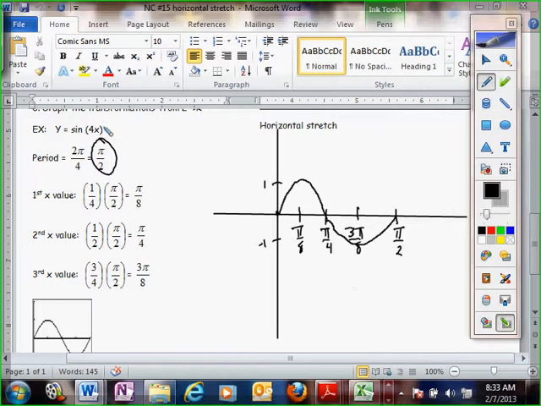Now that is the answer to this problem, because the only thing that's happening here is a horizontal shrink.